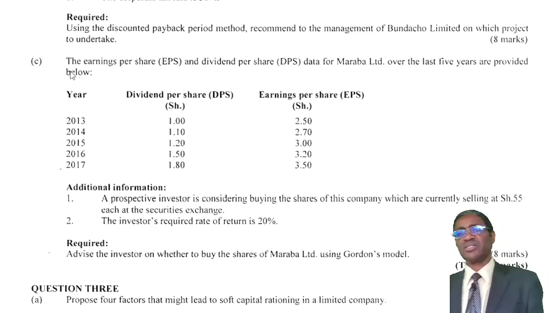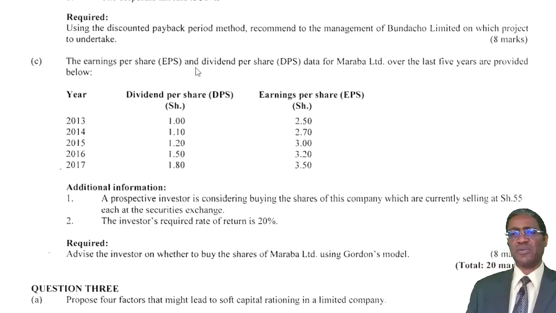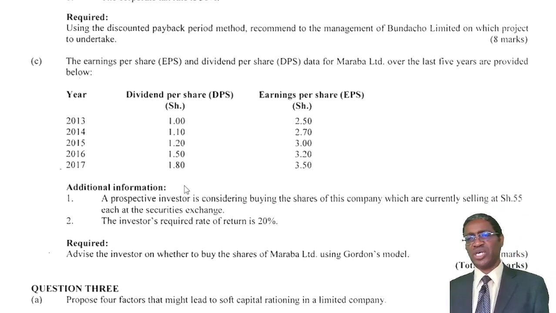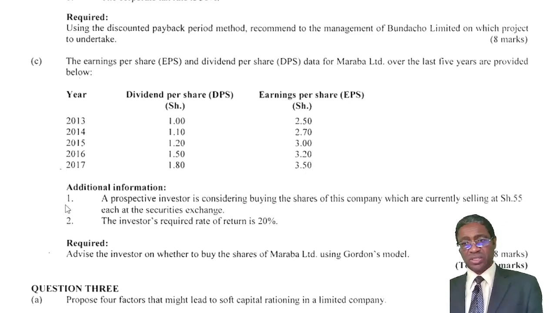Let me read it. It says the earnings per share and the dividend per share for Maraba Limited over the last 5 years are provided below. So you are given a column of the dividend per share, a column of the earnings per share, and the number of years.